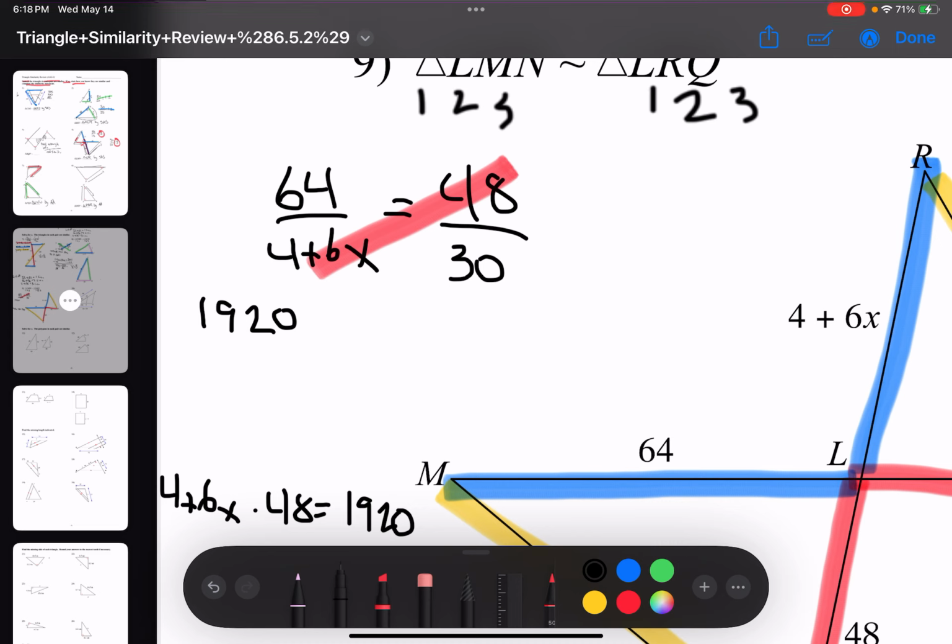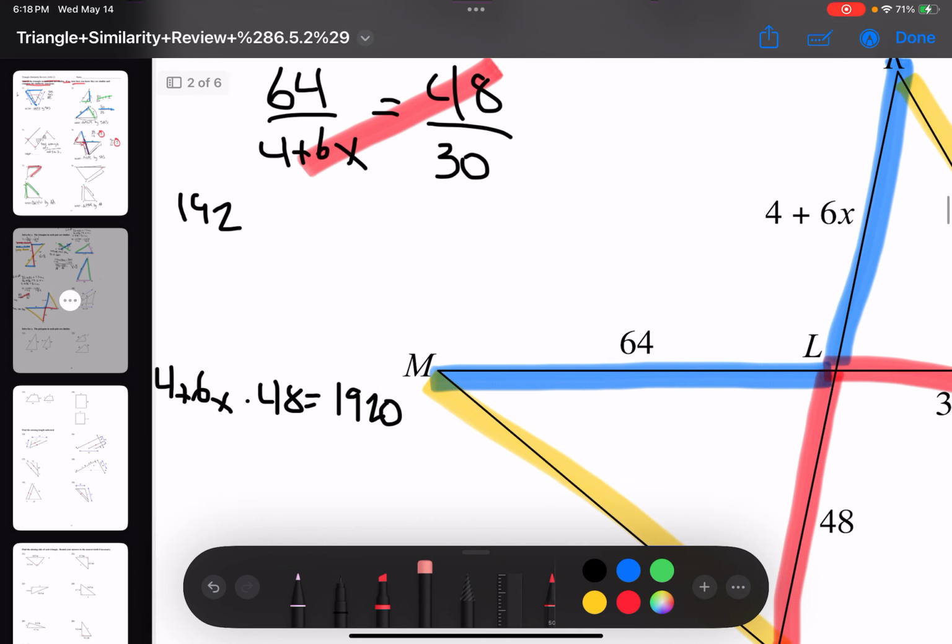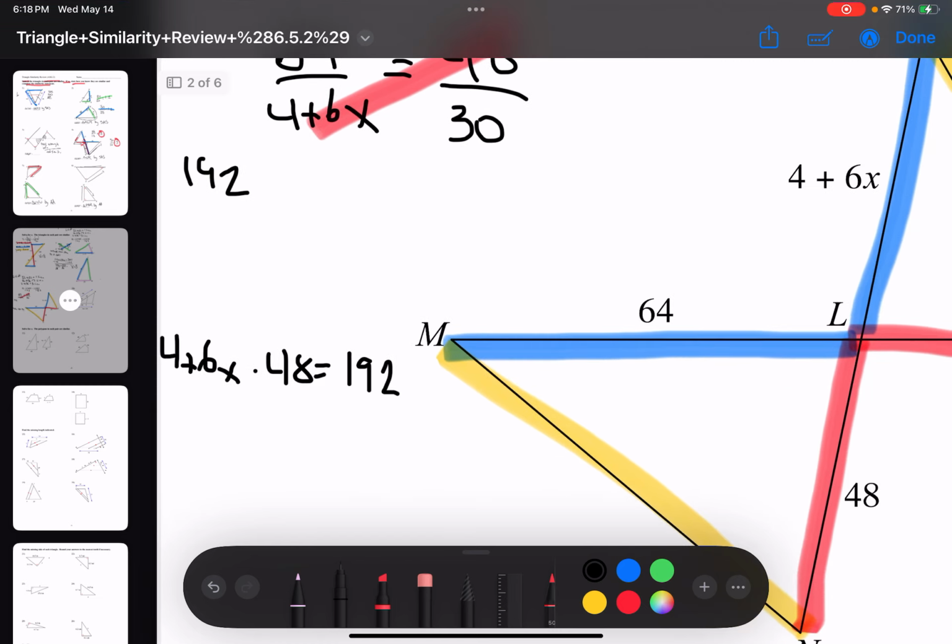Sorry guys, I wasn't using my calculator. 48 times 4. Oh, that's 192. I'm so sorry guys. And then 6 times 48, which is 288, plus 288x.